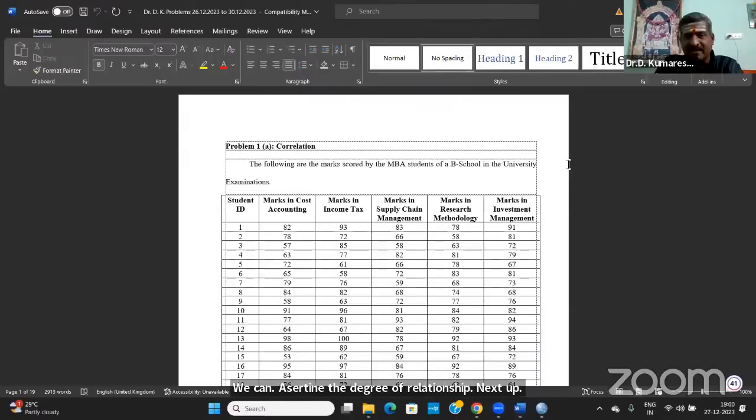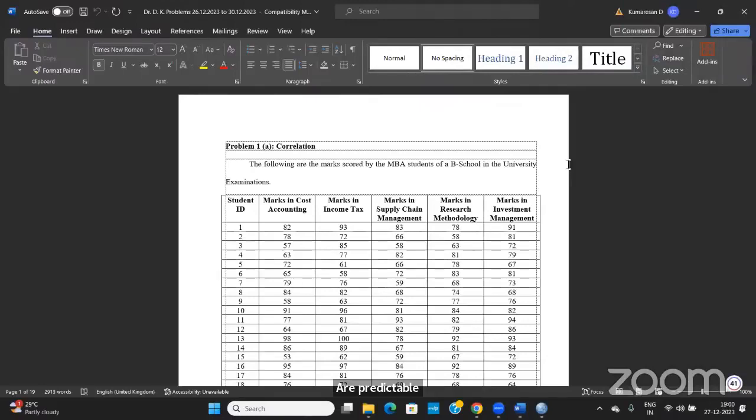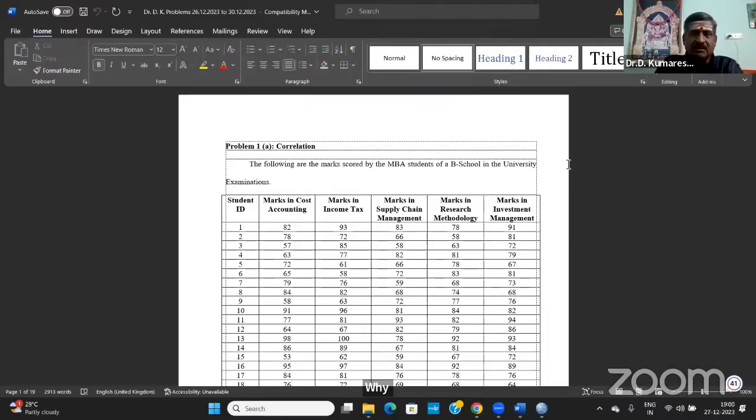Whereas regression is a forecasting tool or prediction tool. While discussing correlation, I said there is no dependent or independent variable.